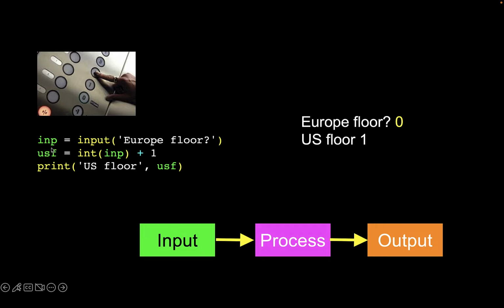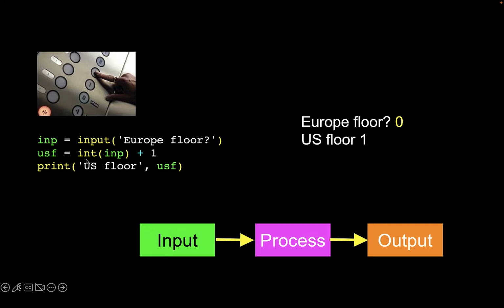So let's see, we call the function input, and we prompt the user Europe floor. Okay, and then we save the response in the variable inp, and then we take inp and we call int on it, and we add 1.